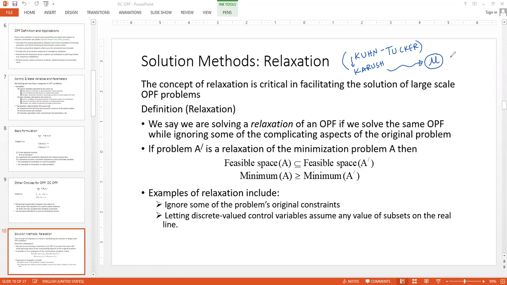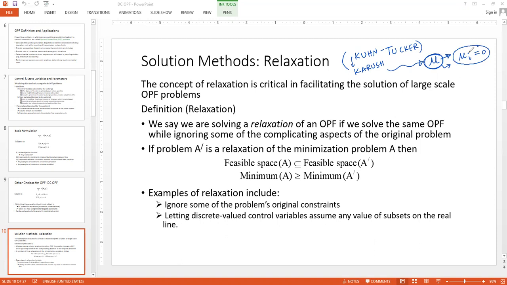If there were any inequality like greater than, then another mu would be introduced, and so on. But to start the problem of ELD using the Karush-Kuhn-Tucker condition, the first step was that we assumed there is no limit violation for any of the inequality constraints. So to start with, we considered that all mu i's were 0.